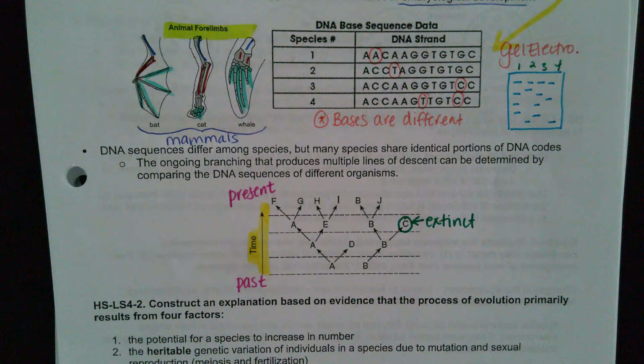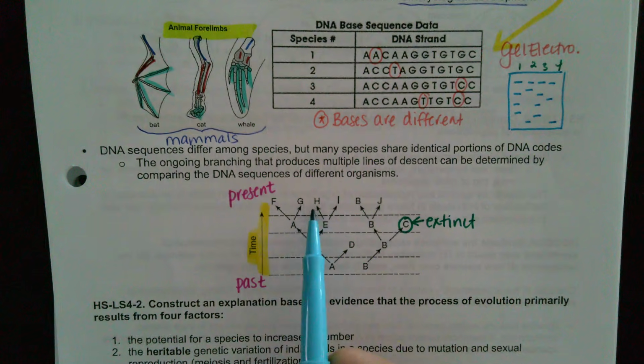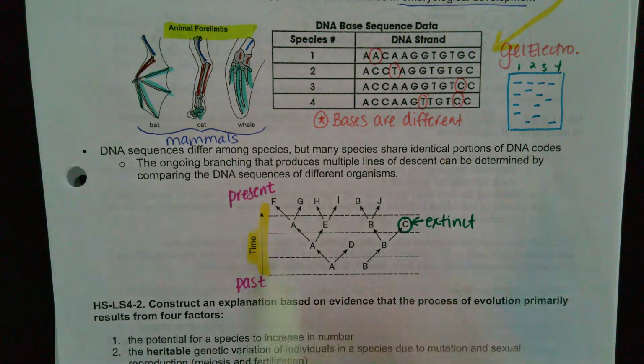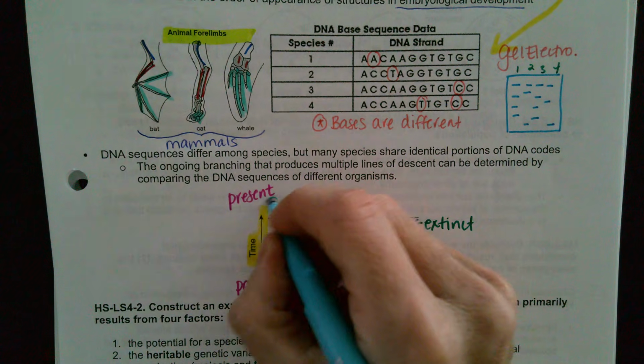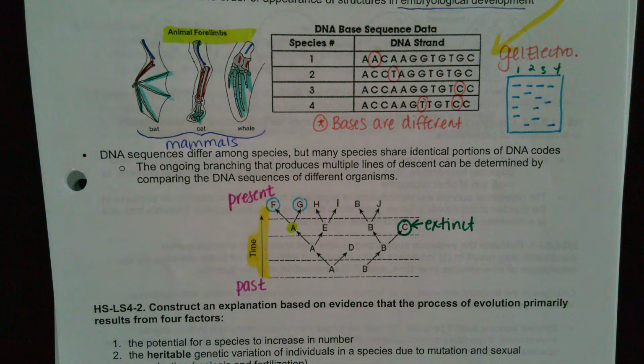If we're trying to figure out ones that are closely related, let's say we have F, G, and H, F and G are going to be considered closely related. And the reason for that is because when I go back in time, they have this common ancestor right there.